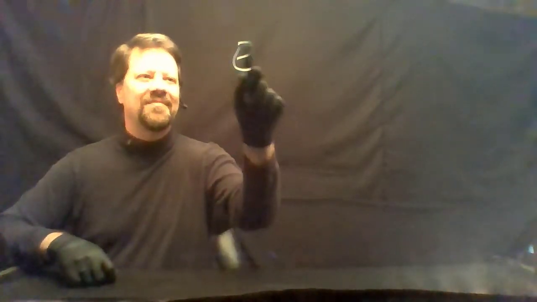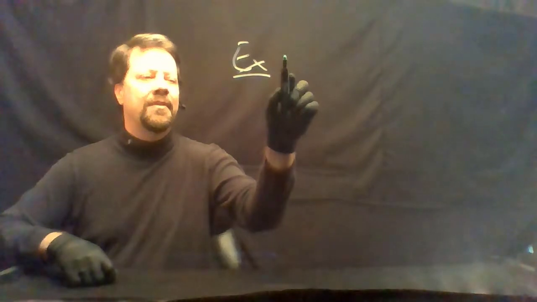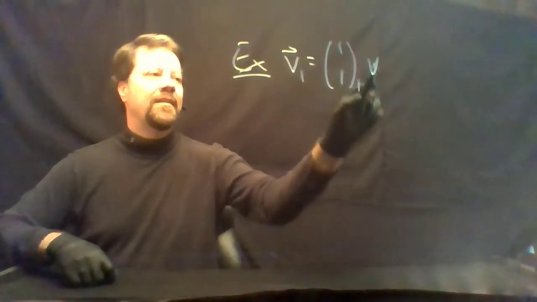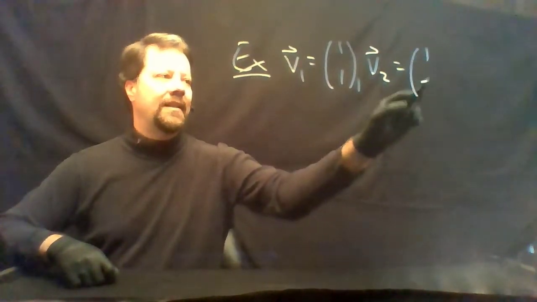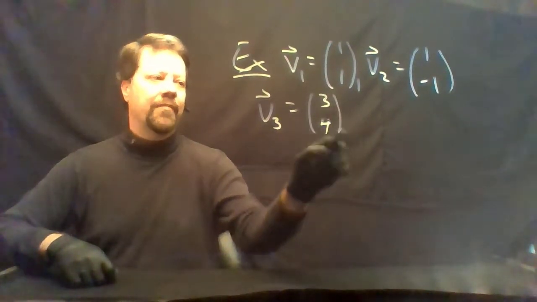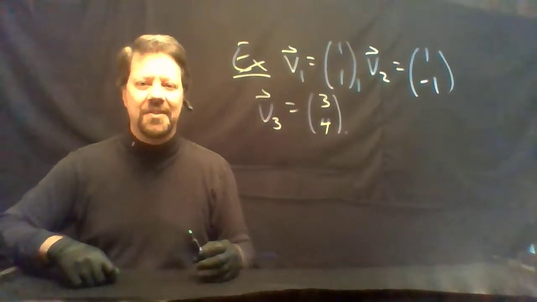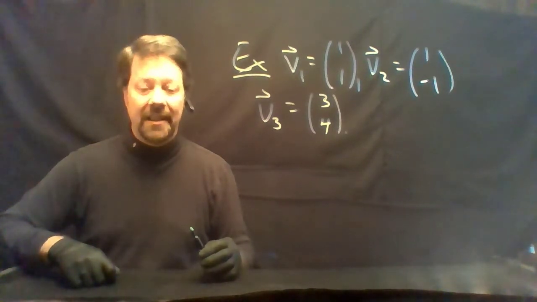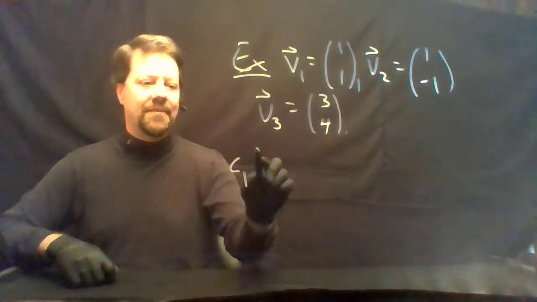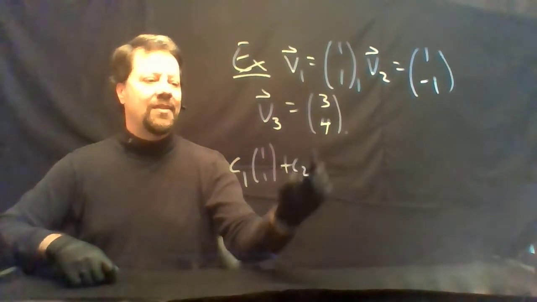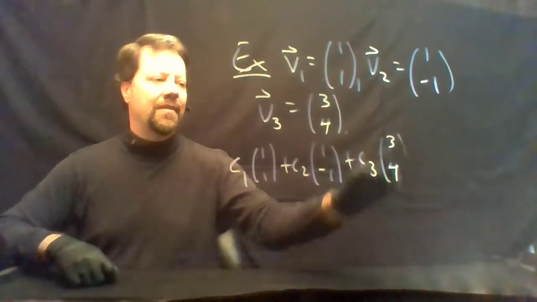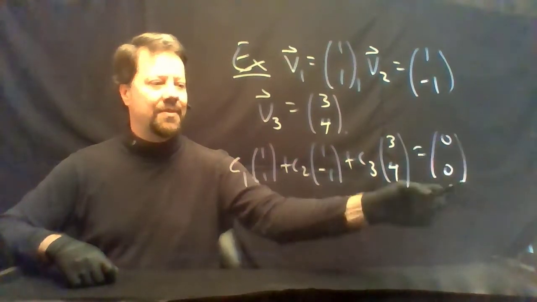As another example, suppose I give you v1 equals (1, 1), v2 equals (1, -1), and v3 is (3, 4). Are these vectors linearly independent or linearly dependent? Let's find out. We'll have c1 times (1, 1) plus c2 times (1, -1) plus c3 times (3, 4) equal to (0, 0).